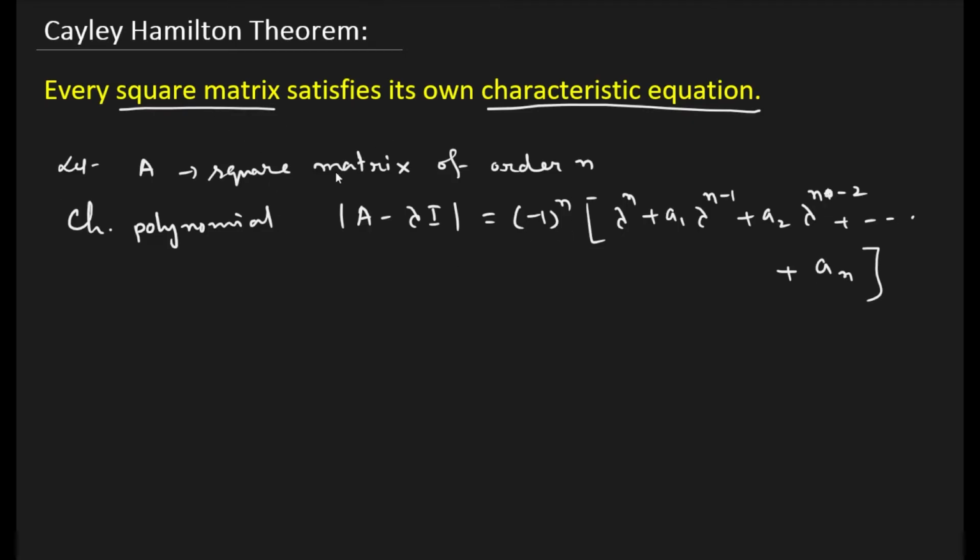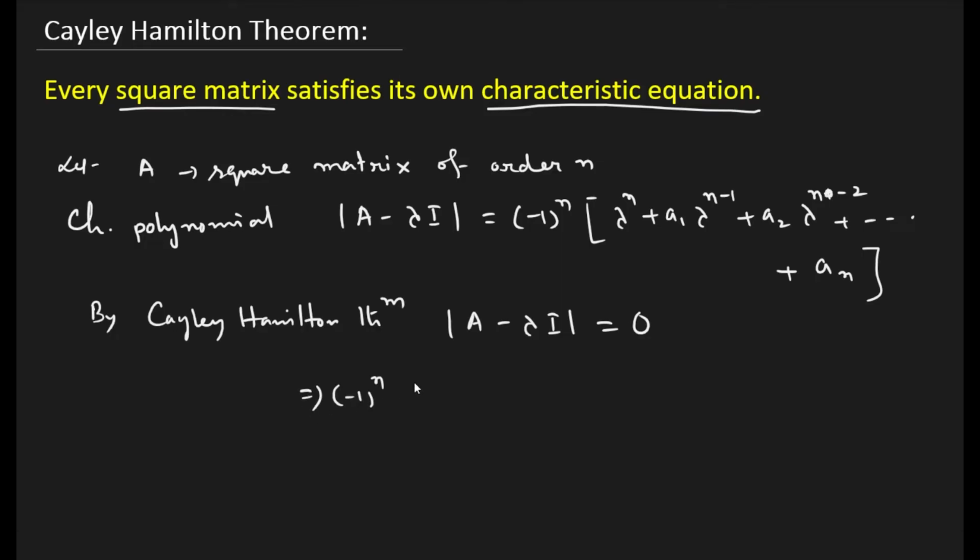Now what the theorem states, that it satisfies its own characteristic equation. So by Cayley Hamilton theorem, this determinant A minus lambda I should be equal to what? 0. So what is this equation? Capital A is a matrix and this is its own characteristics equation. So this will satisfy. So what we get here?